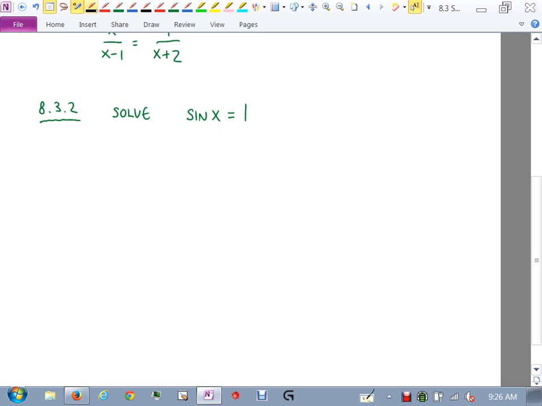So here's the way that I would maybe approach this. On my unit circle, the sine function is the y-coordinate, right? I'm looking to see what angle I turn to give me a y-coordinate of 1. And the only place that happens is straight up, right?